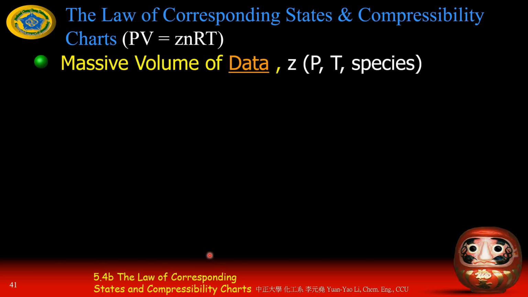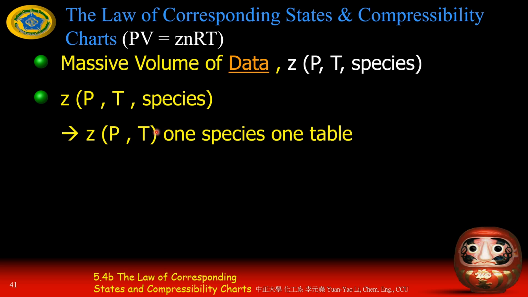Because Z can have a massive amount of data, Z is related to pressure, temperature, and species. Each species has different temperature and pressure behavior. At different temperature and pressure, you will get a different compressibility factor. So if you take out species, you can make a table.